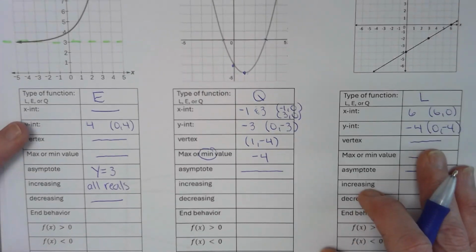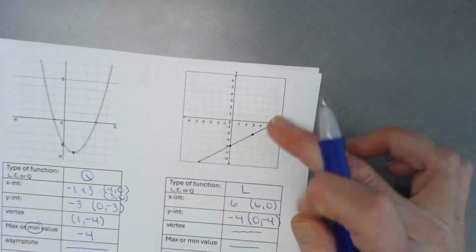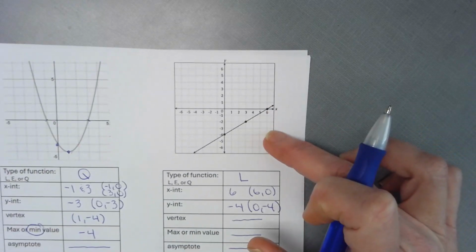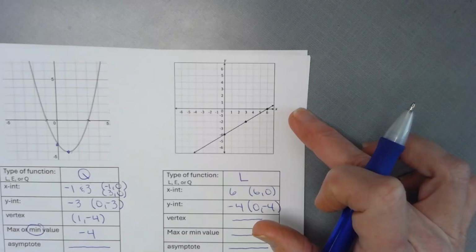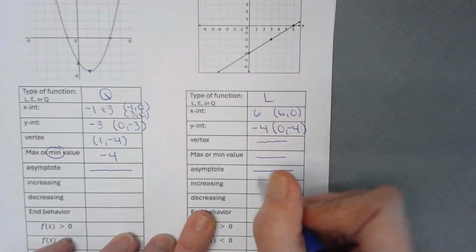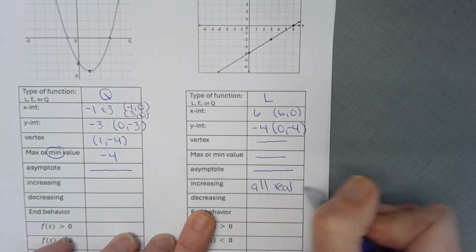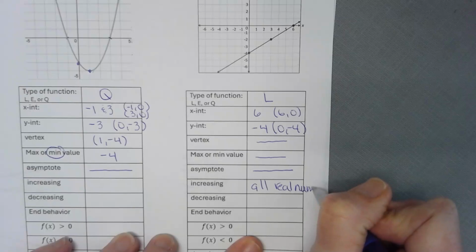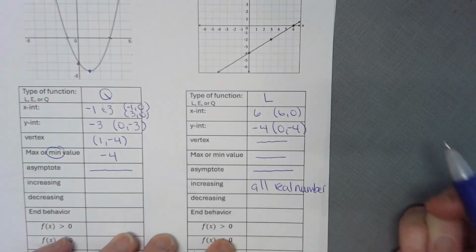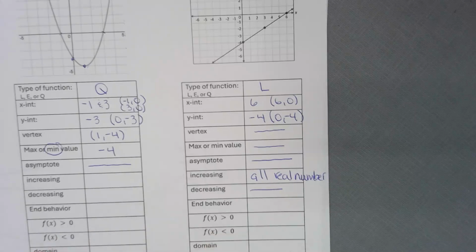Okay? Okay, now let's go over here to linear. This particular one is increasing everywhere. So that would be increasing for all real numbers. And it is not decreasing at all for that particular one.